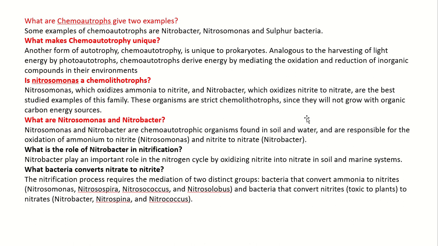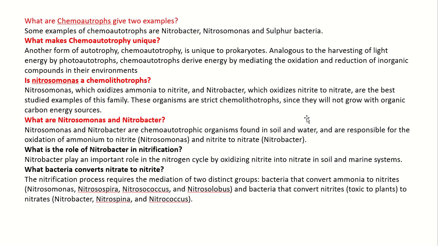How? Photoautotrophs harvest light energy, whereas chemoautotrophs derive energy from various chemical processes. As you know, one is oxidation, another is reduction, of inorganic compounds in the environment. Nitrosomonas are chemolithotrophs.